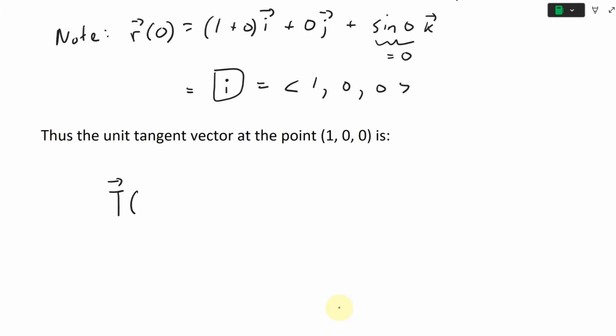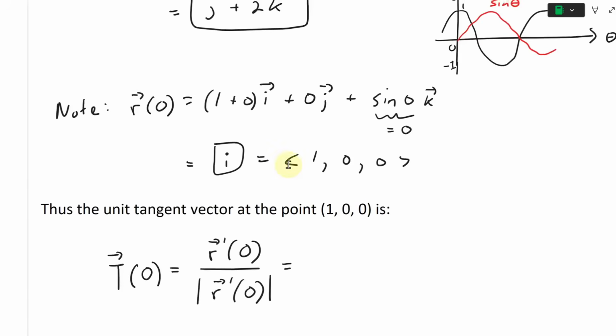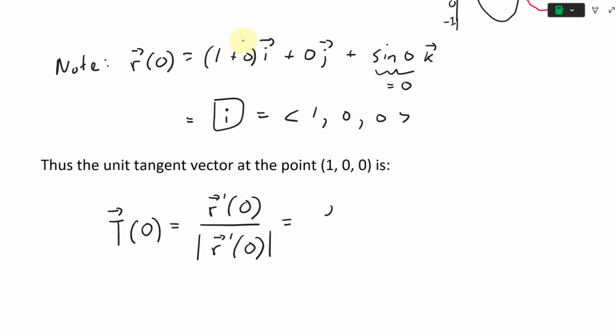So this is at 0. T equals r prime of 0 divided by the length of r prime of 0, like that. The top part we already know, that's just j plus 2k. So let's write that out. So j plus 2k, and these are vectors.